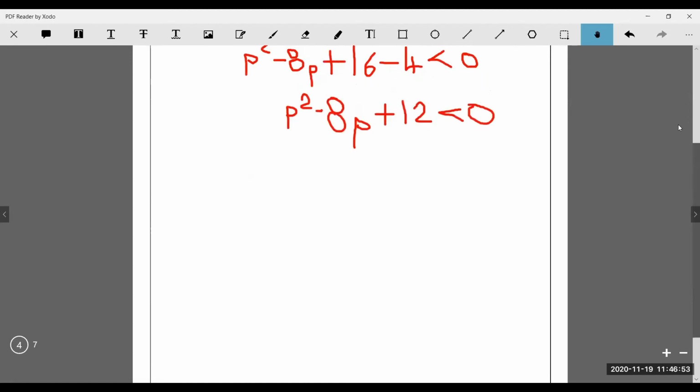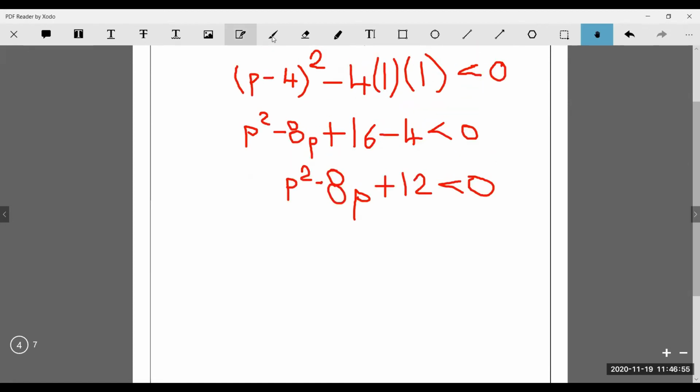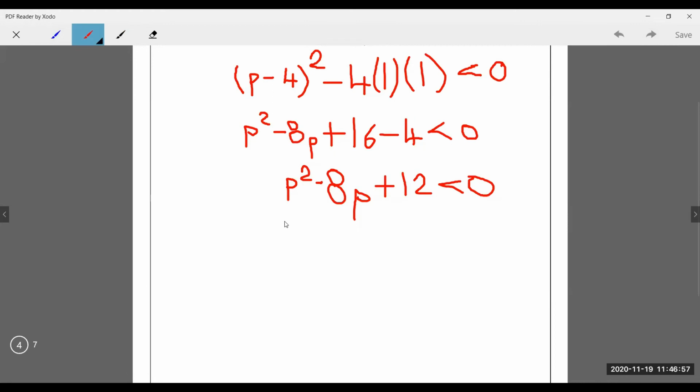And so now we can factorize this quadratic expression in terms of P. Which two numbers, when we multiply them, give 12, but when we add them, give 8? That looks like 6 and 2 to me. I'm going to put 6 and 2, P, P. The signs are the same, both of them negative, so minus and minus.